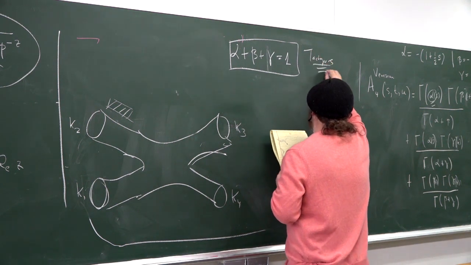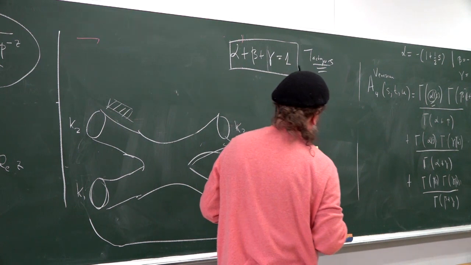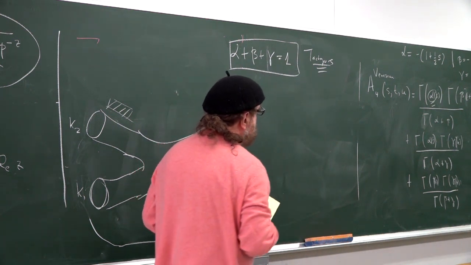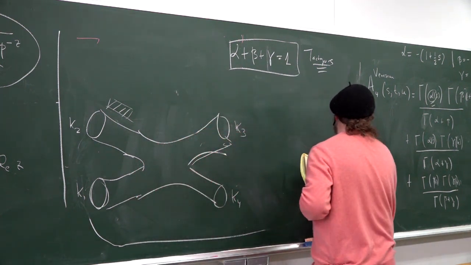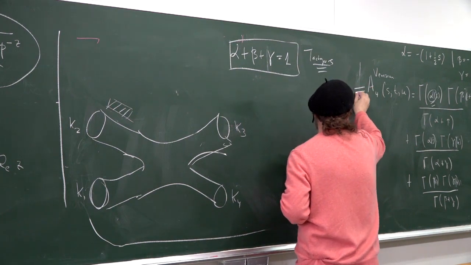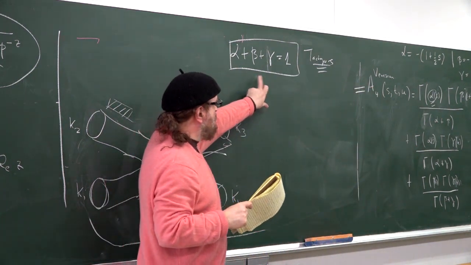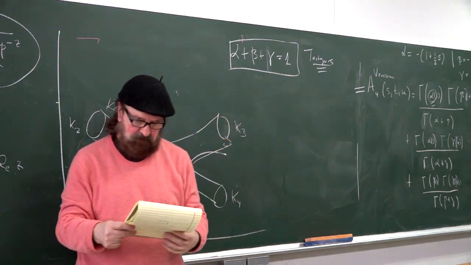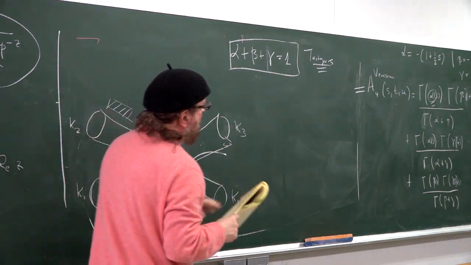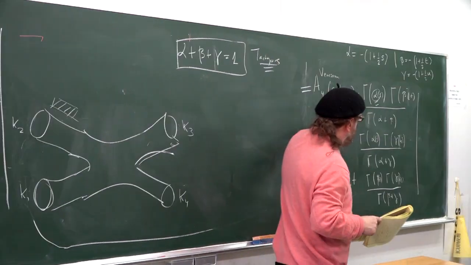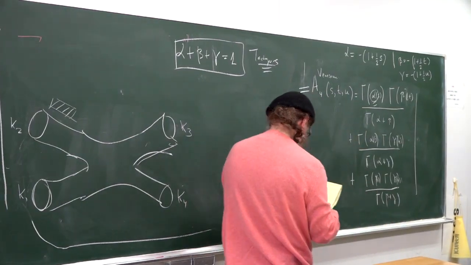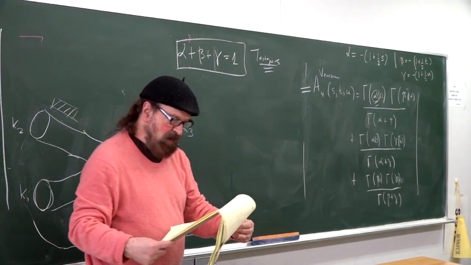And when that happens, this expression can be rewritten if and only if you have this relationship, due to the properties of the gamma function. You can show that this combination of gamma functions is given in terms of the Riemann zeta function.